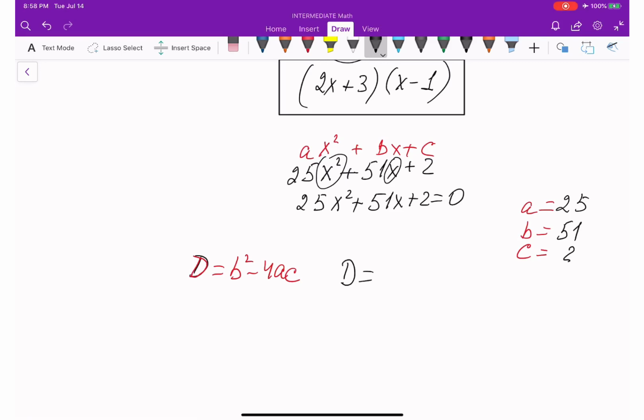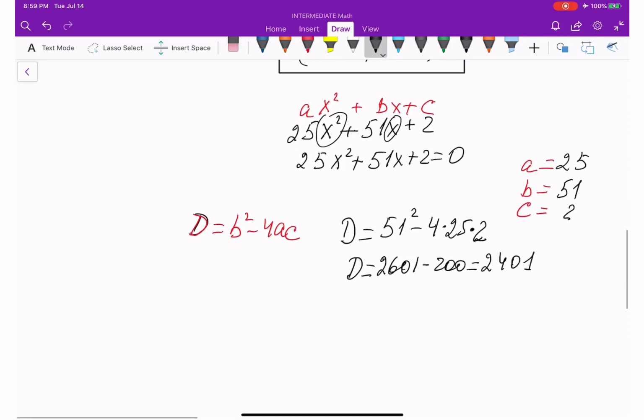Let's now calculate the discriminant. It's going to be b squared, which is 51 squared, minus 4 times a, which is 25, and c, which is 2. So d is going to be equal to 2601 minus 200, and that will be equal to 2401.